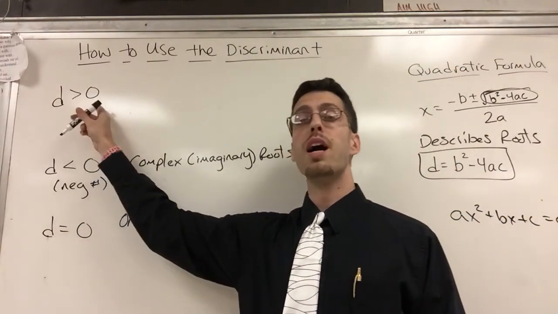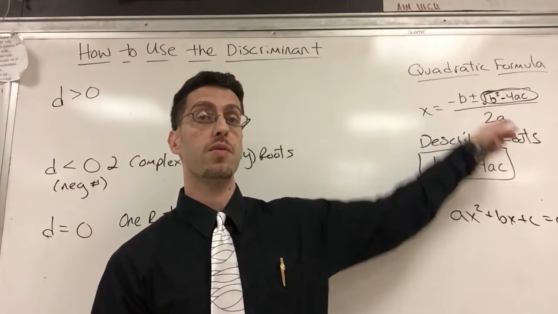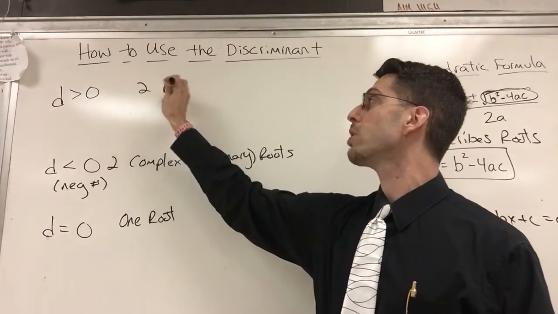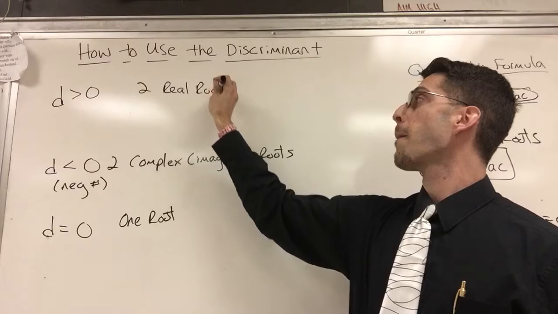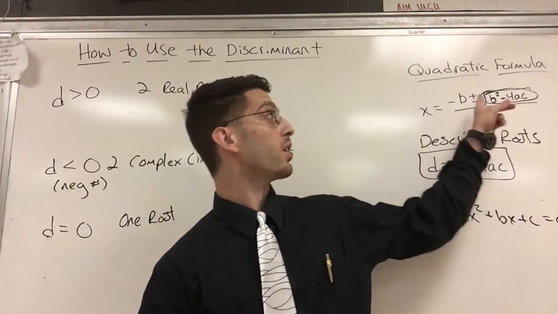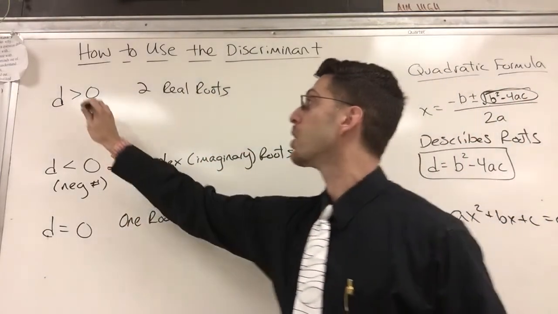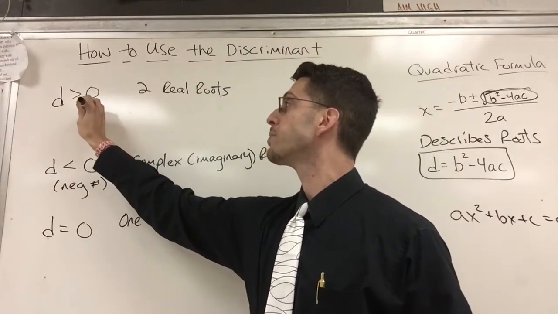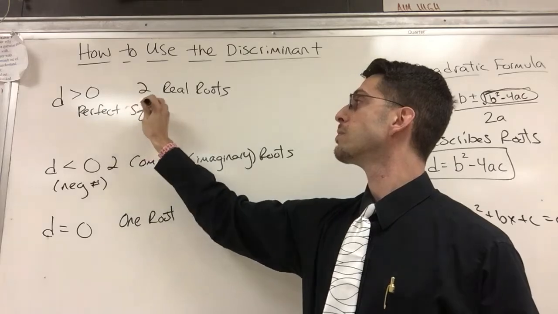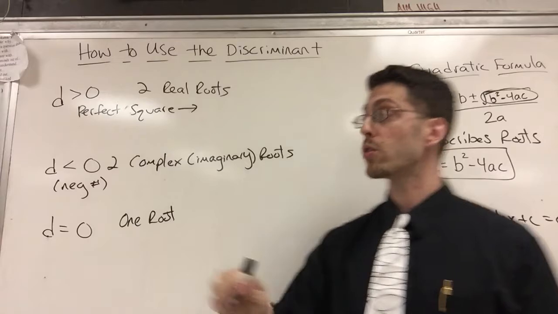If your answer is positive, then it's fine. You like positive numbers because you can easily find the square root of positive numbers. If your number is positive, then you're going to have 2 real roots. But if it's a positive perfect square, then that's easy. You can find the square root of something, right? So you want it to be a positive perfect square. So if it's a perfect square, then you will have 2 real roots, and they will be rational roots.